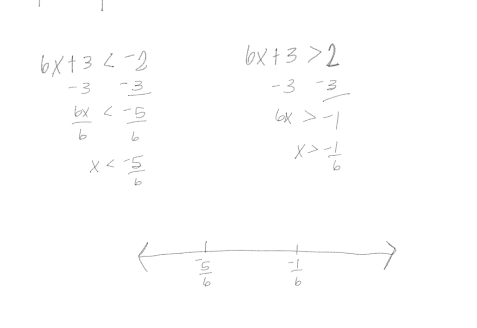X is less than negative 5 over 6, so that's going in the left direction, and we're going to have a parenthesis, because when it's just less than and doesn't have the "or equal to" symbol, I don't have a flat bracket there.